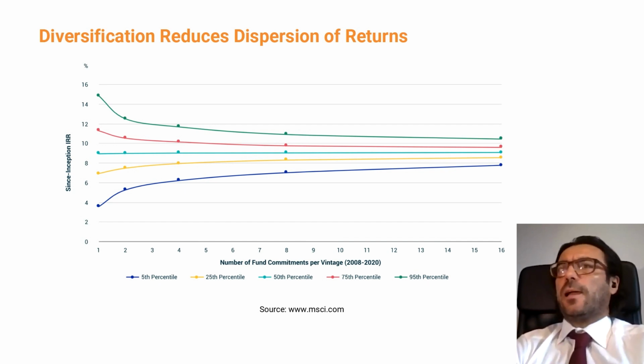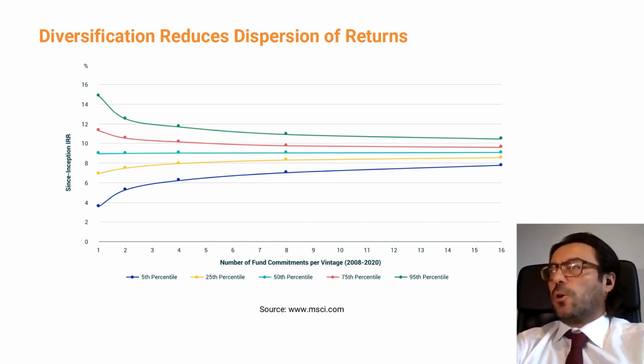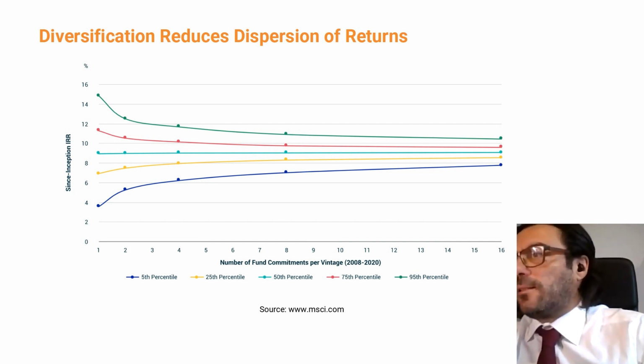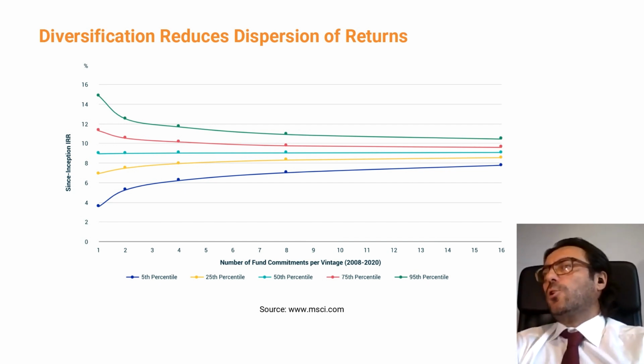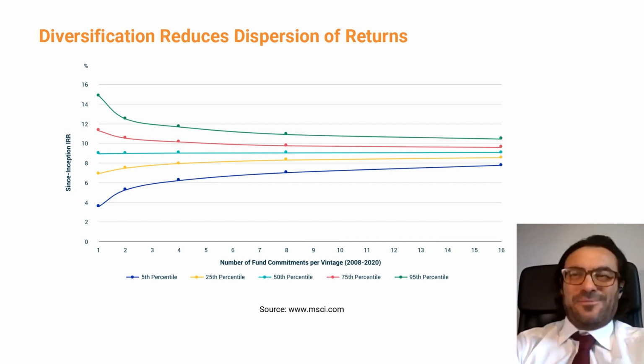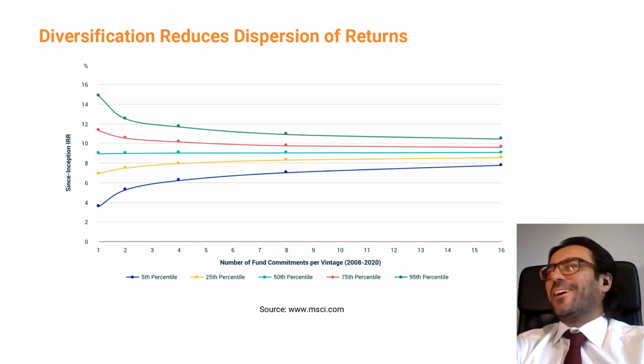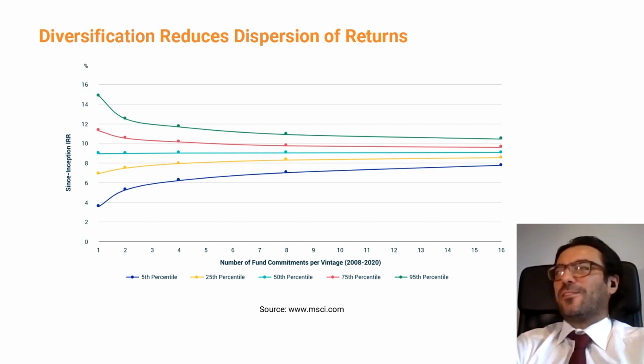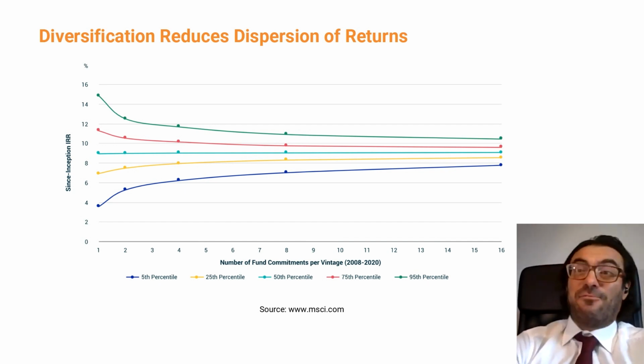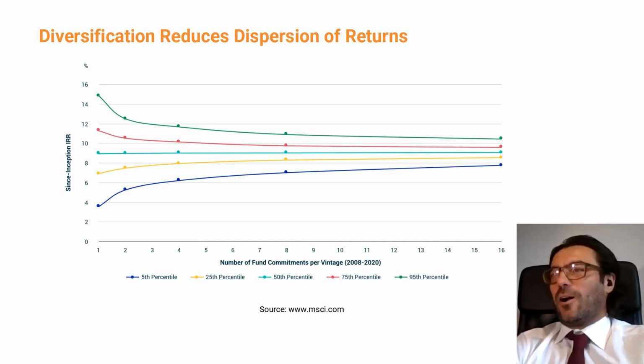The top percentile would have been around 11%. So here we might really lose the benefits of investing in closed-ended funds because the returns at these levels are getting very, very close to open-ended funds. So this could be a case of over diversification.